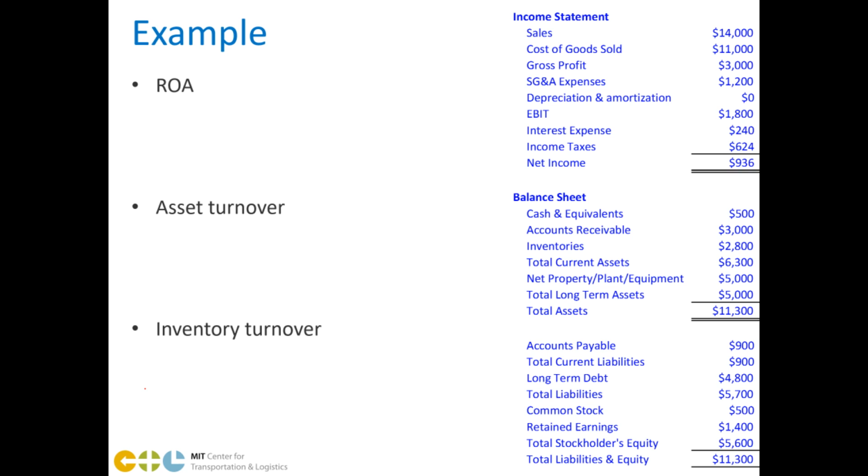Okay, so moving on. Return on assets. What's our definition of return on assets? Well, that's equal to our, actually, not sales. We don't want to look at sales. We want to look at our return, which is the net income. And we want to divide the net income by our assets, which is total assets down here.